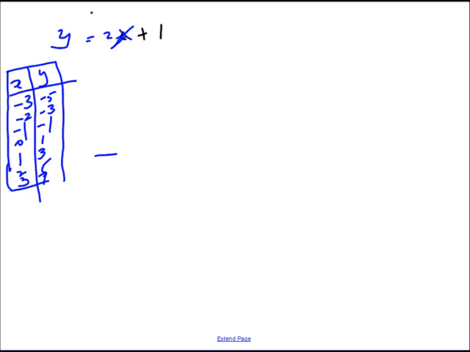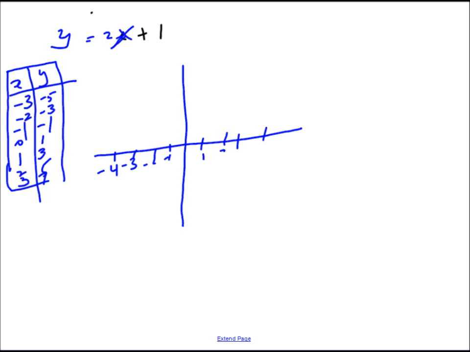So let's try to plot this on the graph. So these are -1, -2, -3, and 1, 2, 3, 4. My graph is not that perfect, but you get the idea. So I have to just plot these coordinate pairs on my graph.